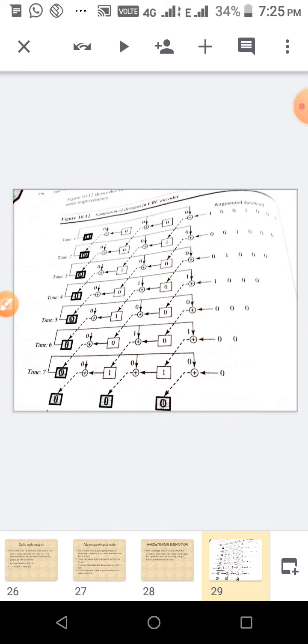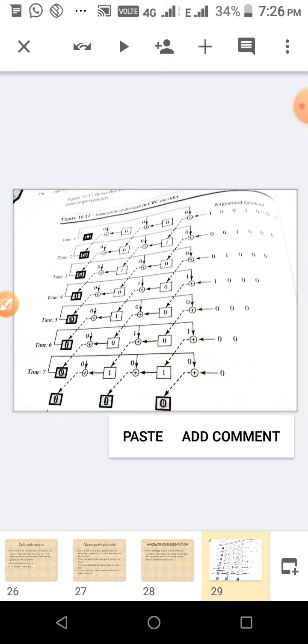Now each term we have to XOR and then send to the next step. How to do that XOR? Listen carefully. The leftmost digit of the divisor is XORed with the first digit of the dividend plus the remaining digits of the divisor.